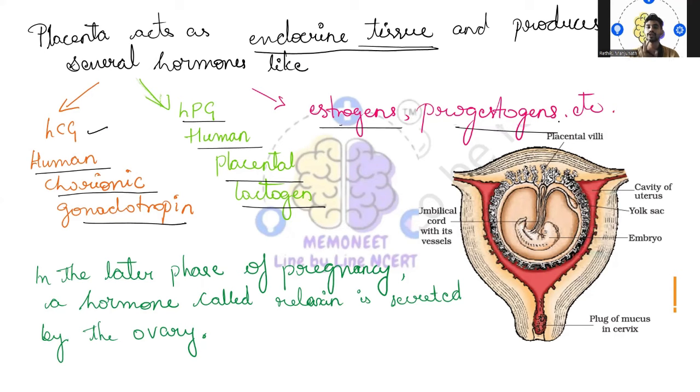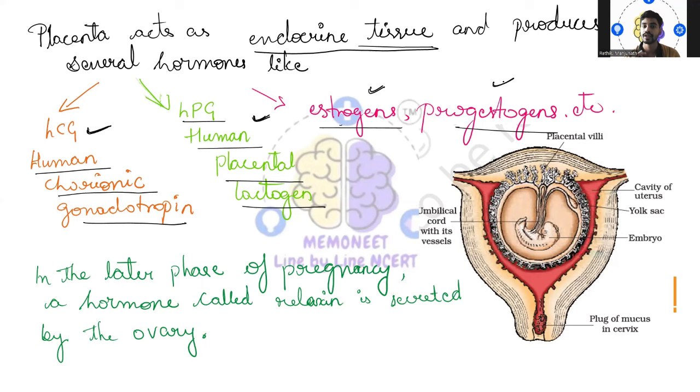So how many hormones do you need to remember here? One is HCG, then HPL, estrogen, and progesterone. These are the hormones you need to remember because they are secreted or produced by the placenta.